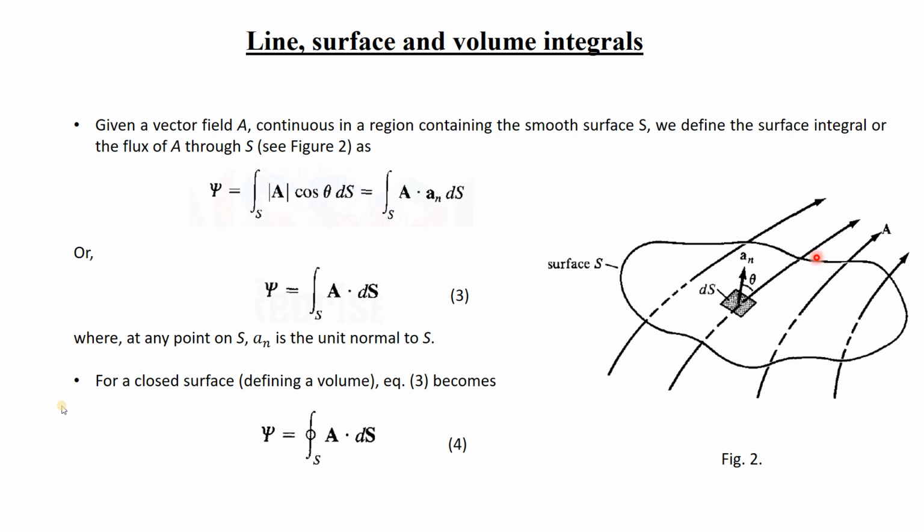What is the resultant of this vector A with this surface area? That means what amount of energy we are getting if the vector is traveling the surface area S?